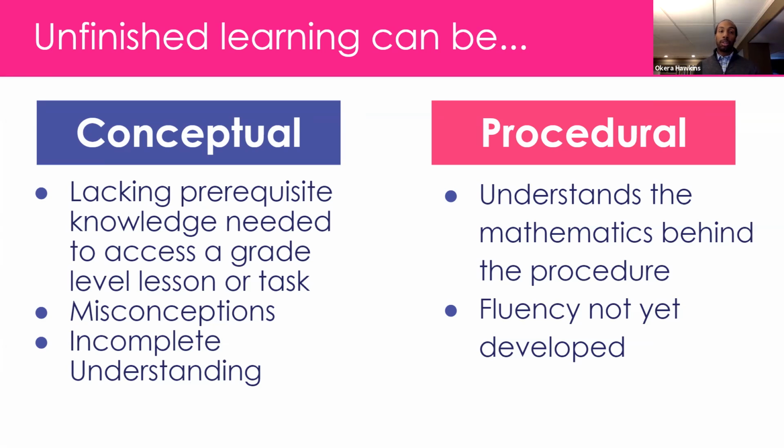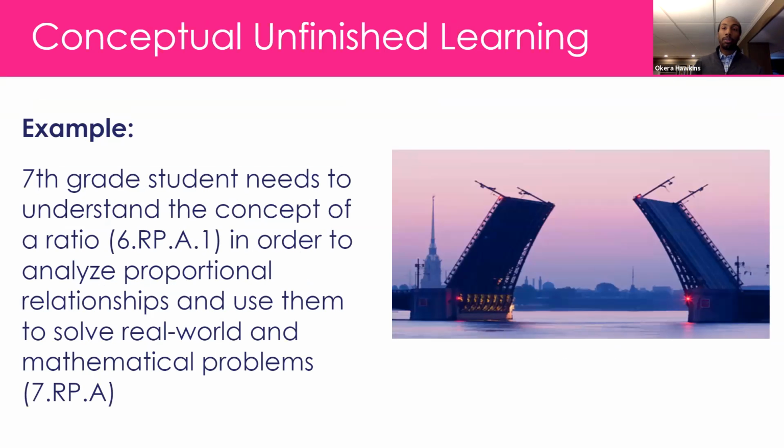Procedural unfinished learning, on the other hand, just means students may have a basic understanding of the mathematics behind the concept, but they're not fluent in the skill of answering the question or applying the procedure. And so we'll look at two quick examples of both conceptual unfinished learning and procedural unfinished learning.